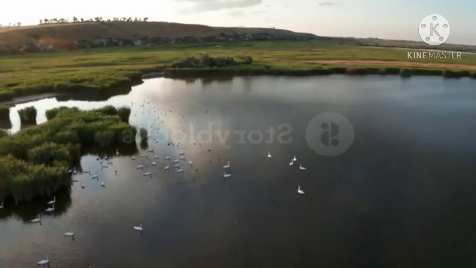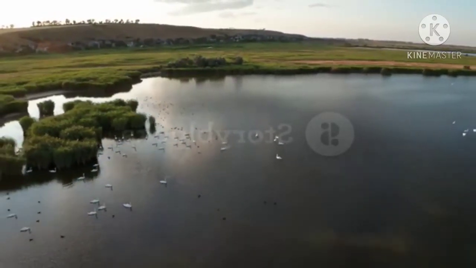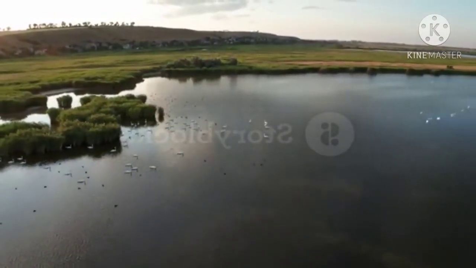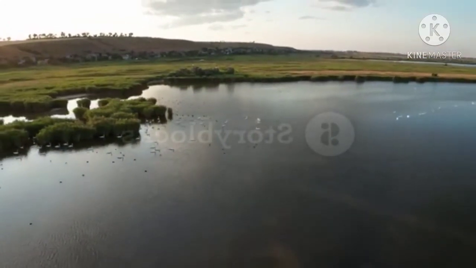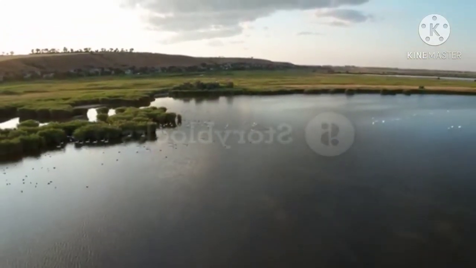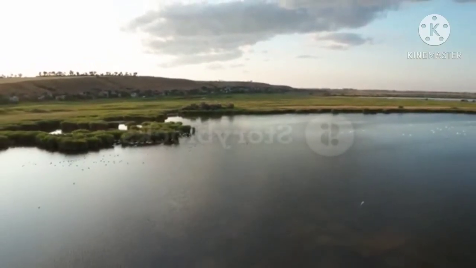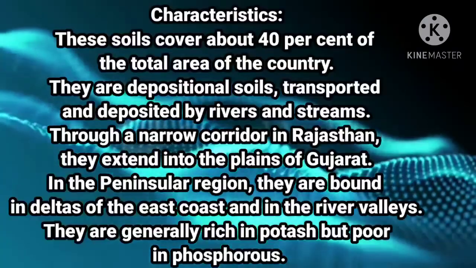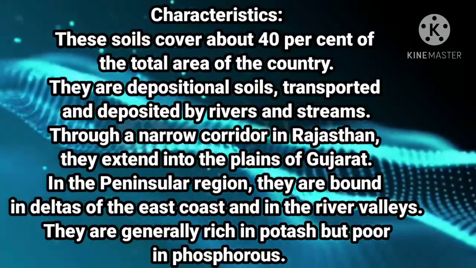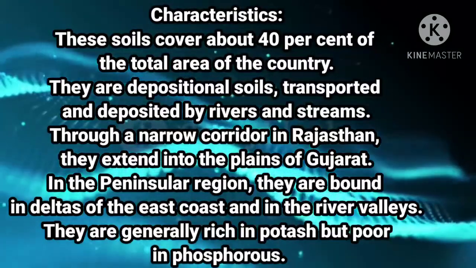These soils contain fine particles called alluvium, deposited over thousands of years. This alluvium has been deposited by three great Himalayan rivers, Satluj, Ganga and Brahmaputra.